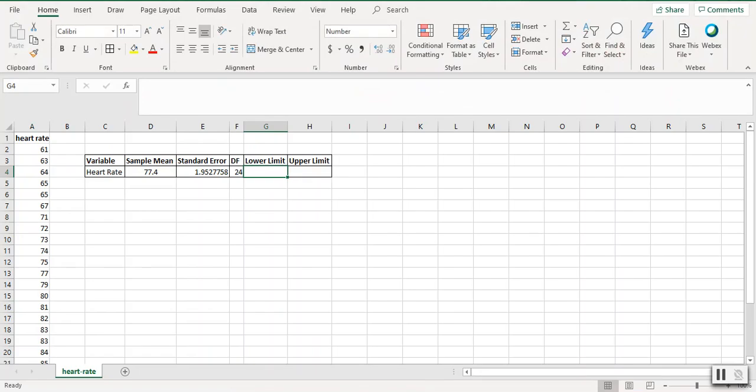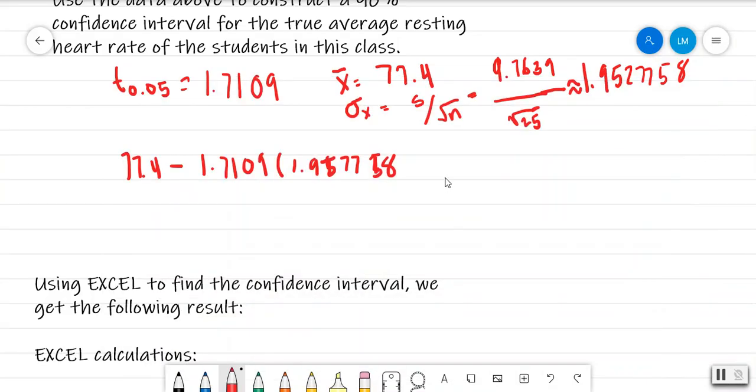Let me see that that's correct. Okay. Now this represents the lower.